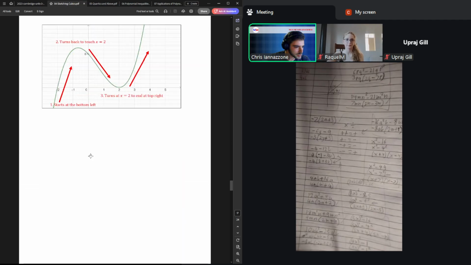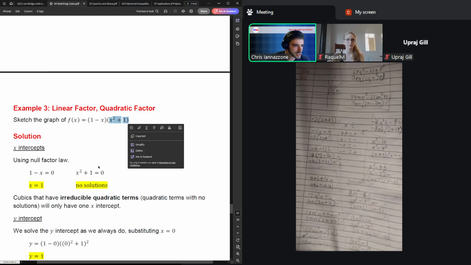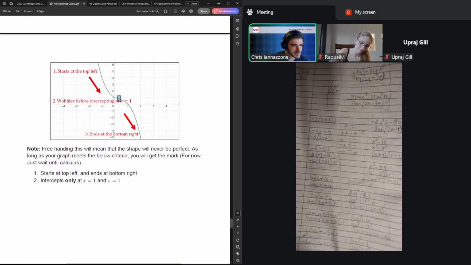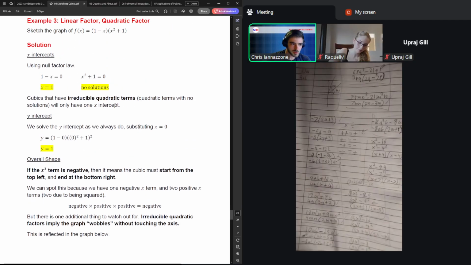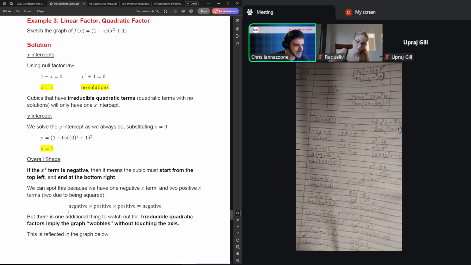Or it'll look like this, where it's got a quadratic factor that gives no solutions. Those are the only 2 times in which you will get something like this. There's a bit more to it than that. This does not necessarily always mean that you'll get an inflection thing like that.